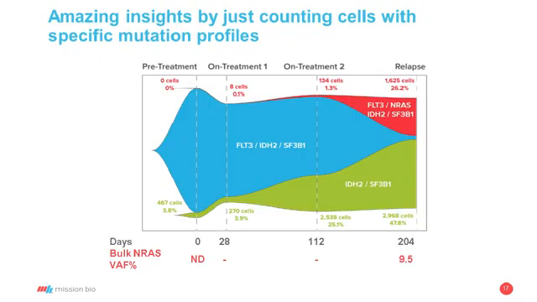Just to give you a flavor of what kind of data is ultimately generated from our solution, this is a fish plot showing a sample which was from pre-treatment, on treatment, time point 1 and 2, and then relapse. So this is a serial time point where we're looking at a set of specific subclones that were discovered in this patient.